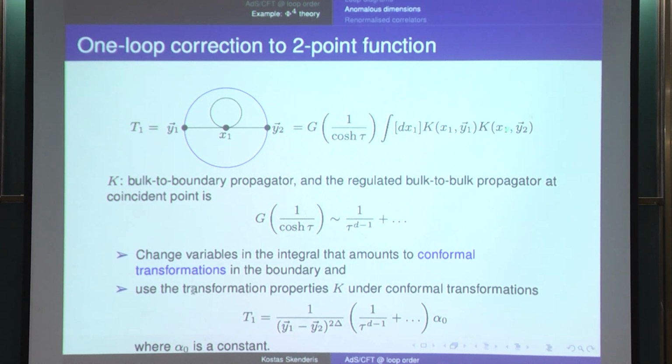What is left is an integral over x1 that doesn't depend on any parameter, so it's just a number. So after exactly this change of variables, the answer for that integral is this divergent factor from here, and a constant that comes from doing these integrals without y1 and y2.